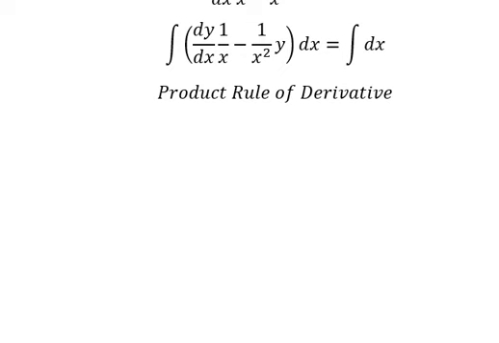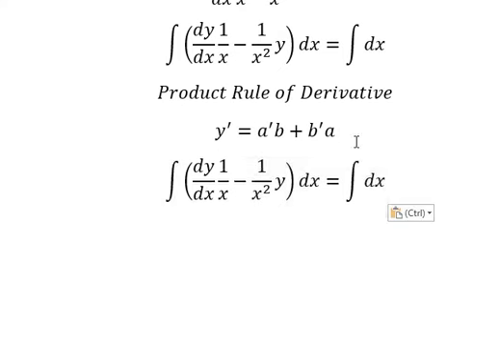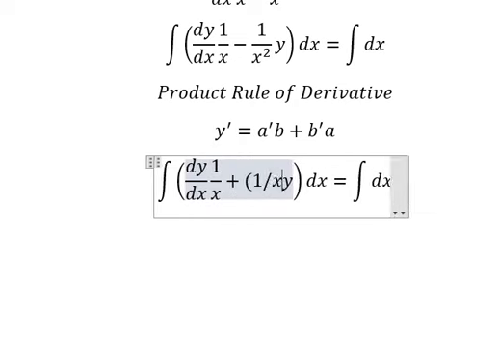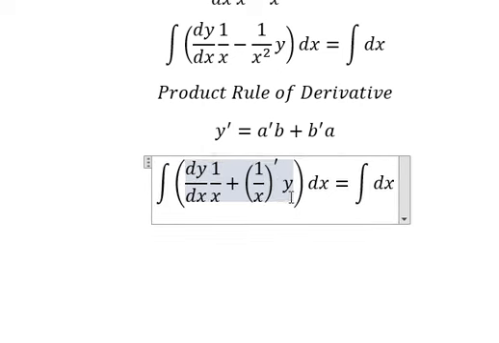So we have the first derivative of y equals the first derivative of a multiplied by b plus the first derivative of b multiplied by a. So if we look carefully at this one, we have the first derivative of a multiplied by b. This one, that is the first derivative of b multiplied by a.